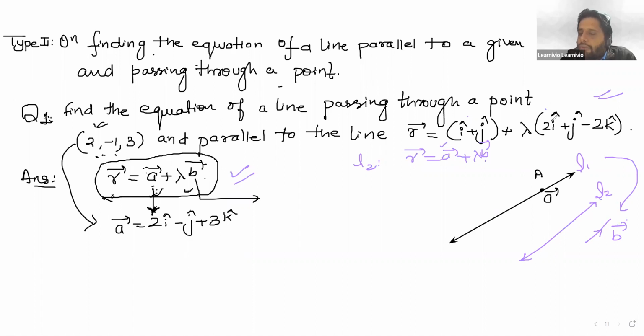This is the equation of L2. In L2, we have a B. What is B? It is a vector which is parallel to the line. Now this L1 is parallel to L2. That means L1 is also parallel to B. So the value of B we will take from here.